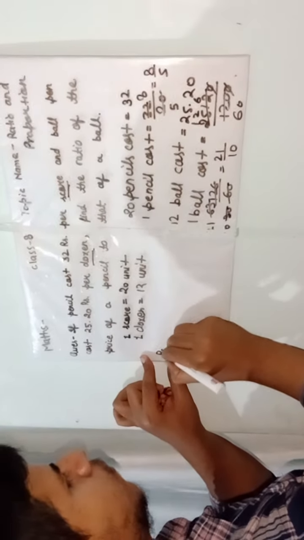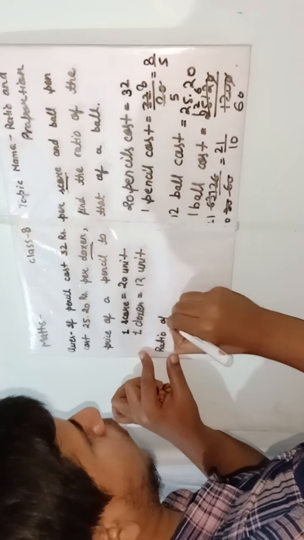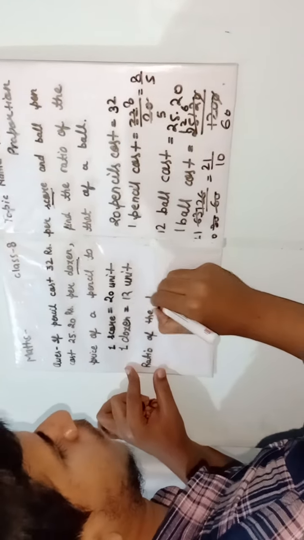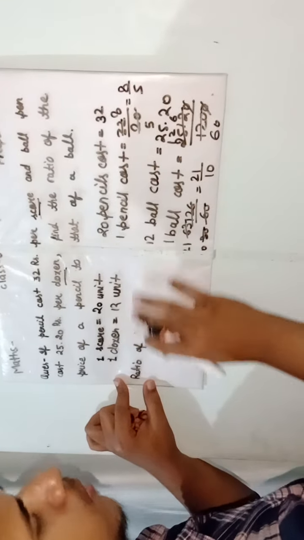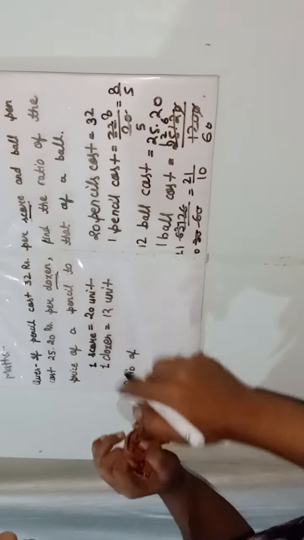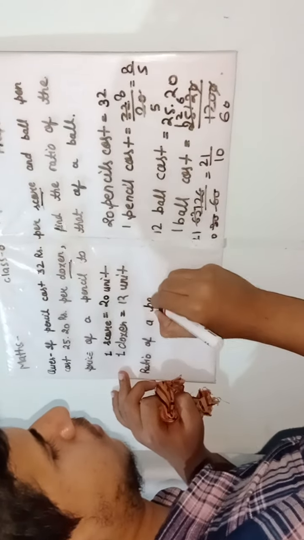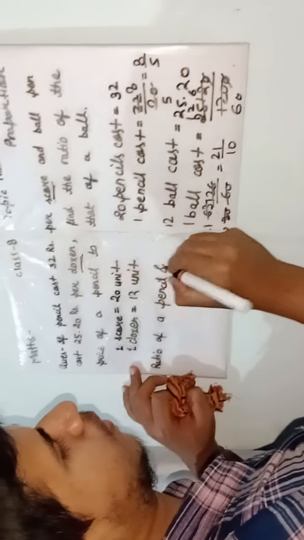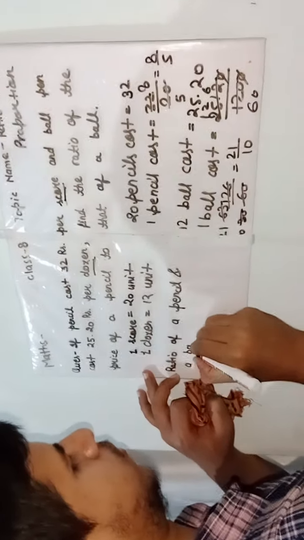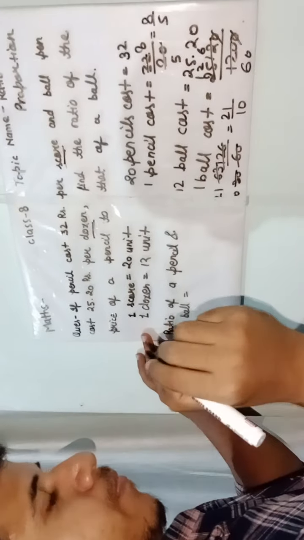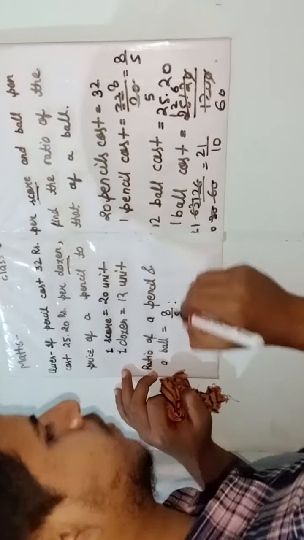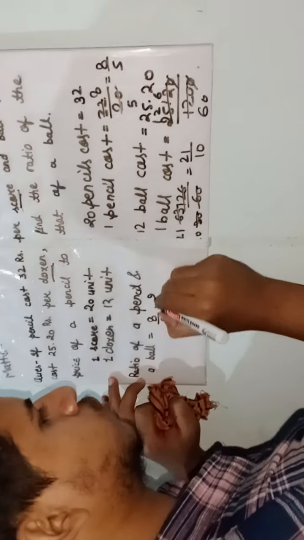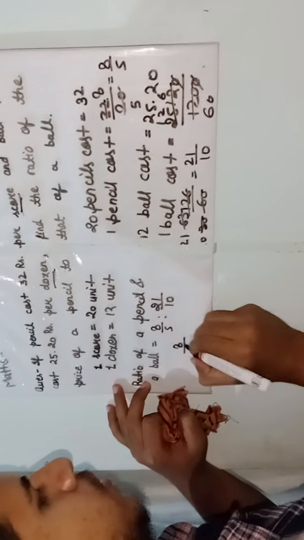The ratio of a pencil and a ball equals 8 upon 5 ratio 21 upon 10.